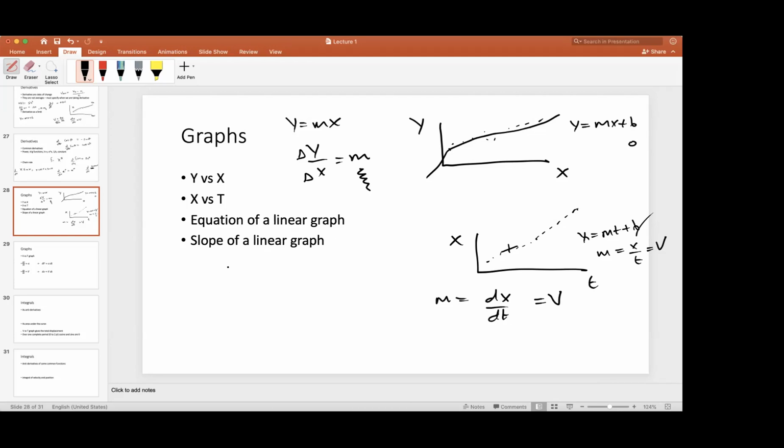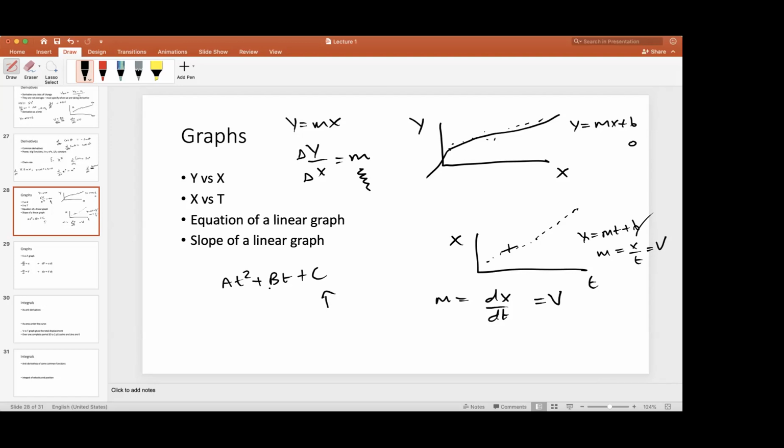If you had a quadratic, you could have something like a t squared plus bt plus c. Again, this c is your initial value, in this case when x was 0, where the particle was.